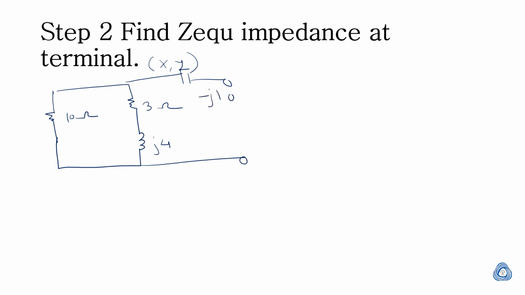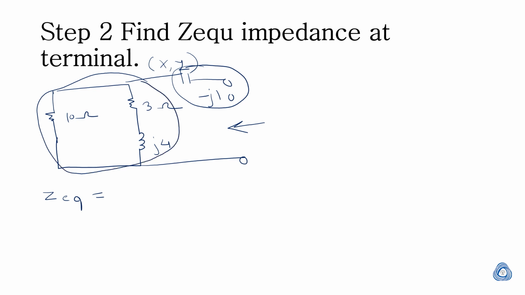So to find Z equivalent, we are going to look at the circuit from this side. From this side, if you observe, this impedance is in series with the entire circuit.